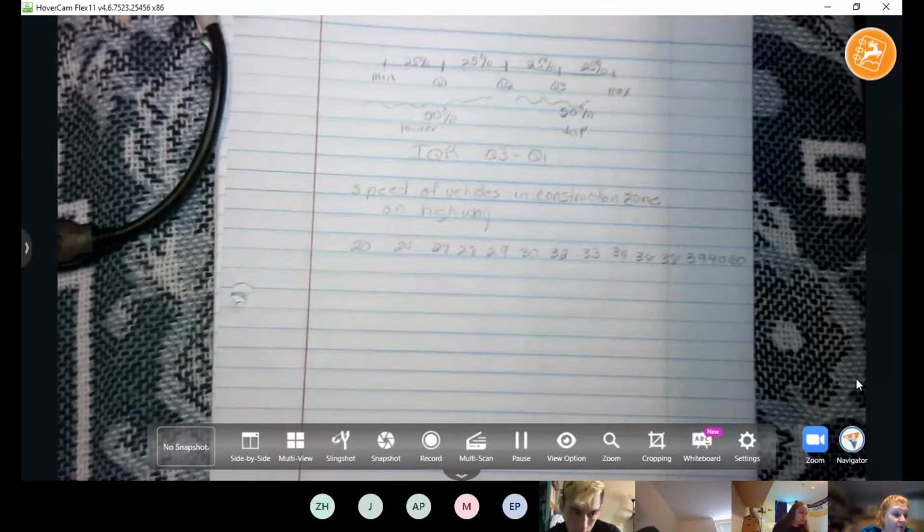So all of these values represent the speed of the vehicles in a construction zone on a highway.